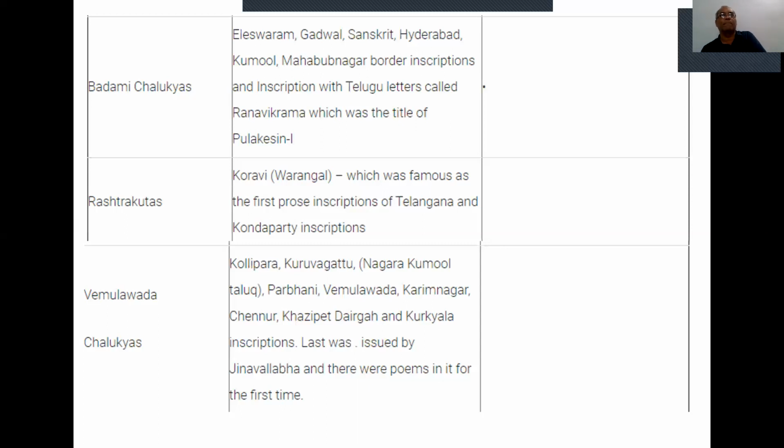Suffice it to say that the regions where the inscriptions of Badami Chalukyas are available and the regions where the Vemulavada Chalukyas inscriptions are available are completely different regions, and this indicates that they had extensive control over this particular region, or the plain that is there between the Godavari and the Krishna plain.